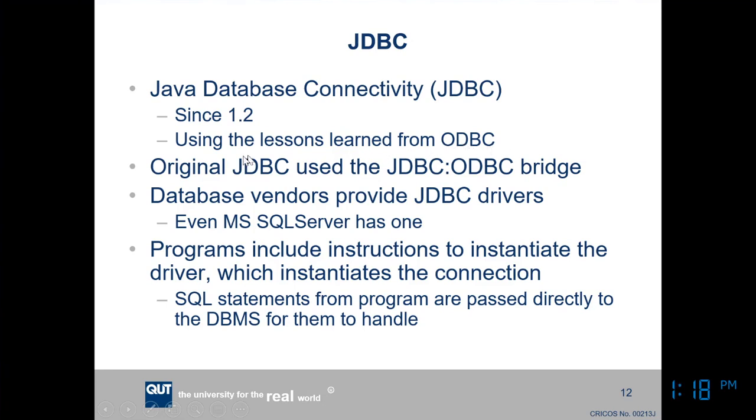One of the things that JDBC originally made use of, and it's still around, is something called the JDBC-ODBC bridge. The idea is that rather than needing a JDBC driver for every database straight up in order to communicate with them, instead you could make use of this bridge.